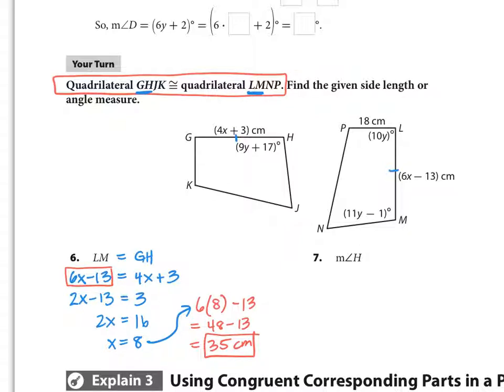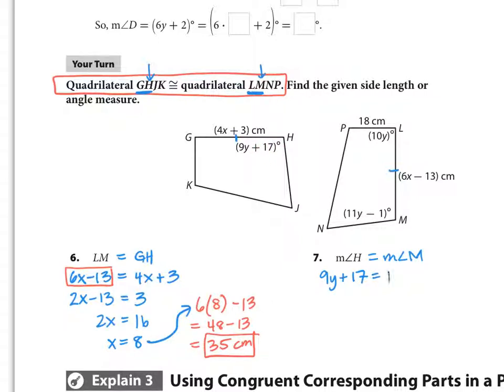Okay, with number 7, measure of angle H. Let's see, that corresponds to, H is right here, the second letter. That corresponds to M. So measure of angle H equals the measure of angle M. The measure of angle H is given by 9y plus 17. Remember, I find that up here. Here's H, and it's this angle, which is the 9y plus 17.